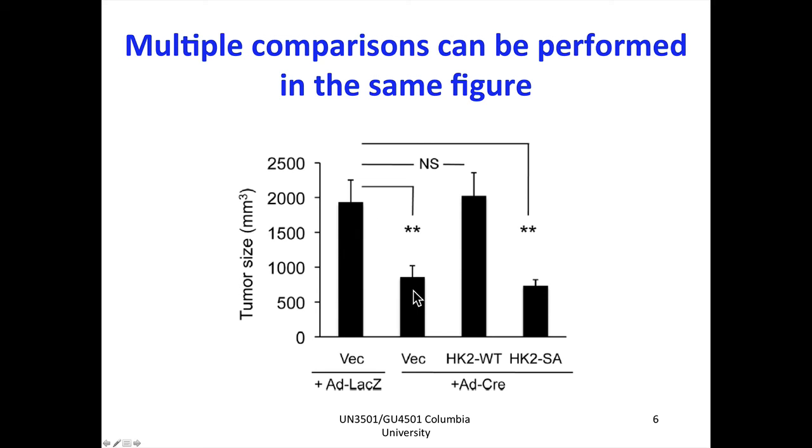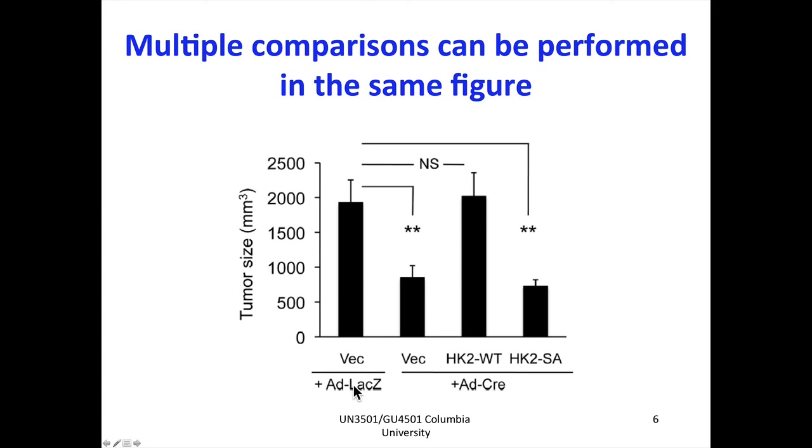Okay, now let's move to the next bar. So what is the next bar? What's different between these? Well, they're still using the control vector plasmid, so they're not introducing any protein coding gene or cDNA. They're just using a vector as a control. So again, the vector means it shouldn't really do anything. That's just the delivery vehicle for the gene that they're going to test later. So we can ignore that for now.